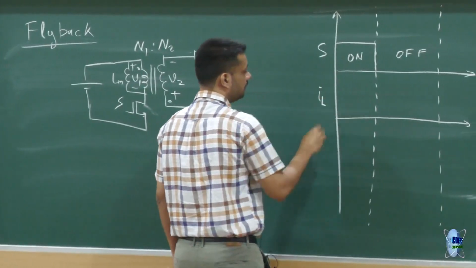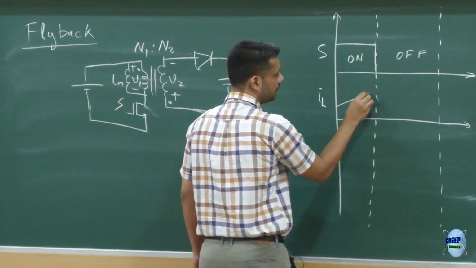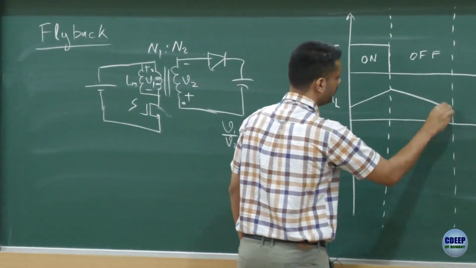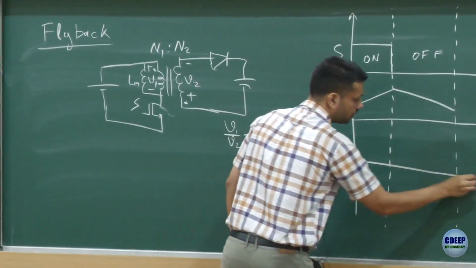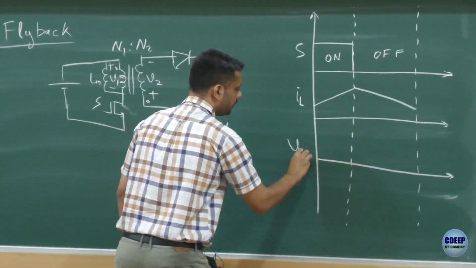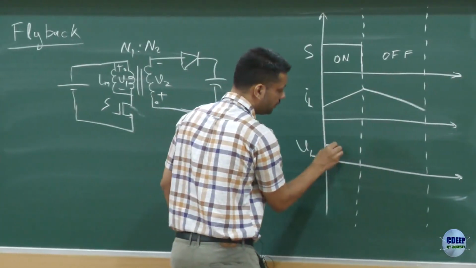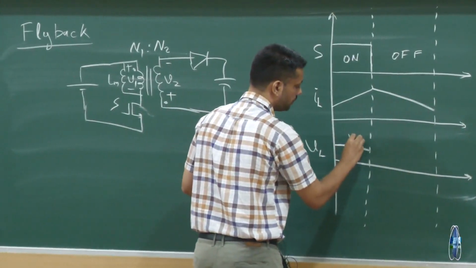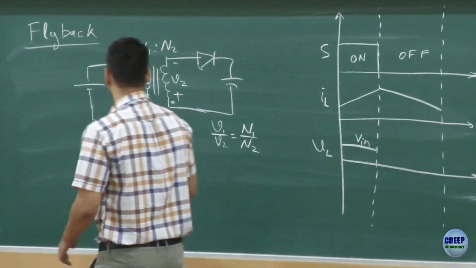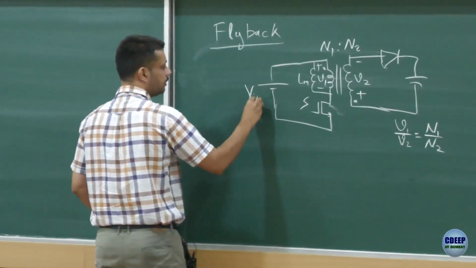last time we did find out that the inductor current would go up and come down. When the switch is on, the voltage across the inductor is nothing but equal to Vin, where this is your input voltage Vin.